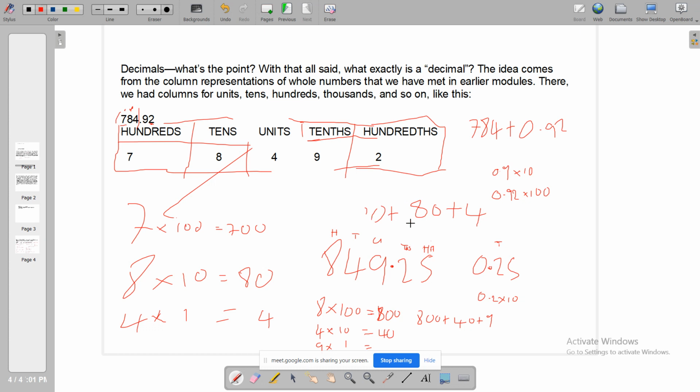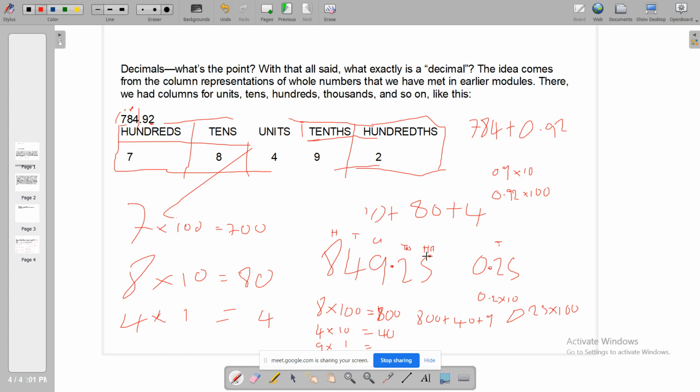And here is also 100, so 0.25 times 100 will also give you 25, right?